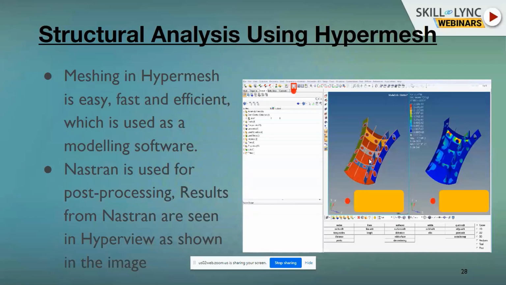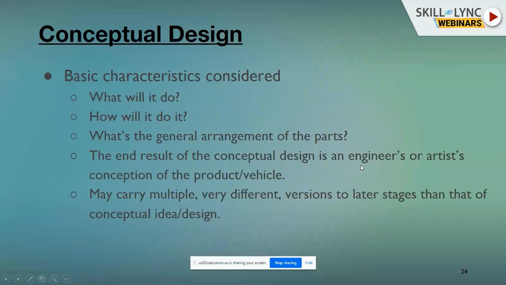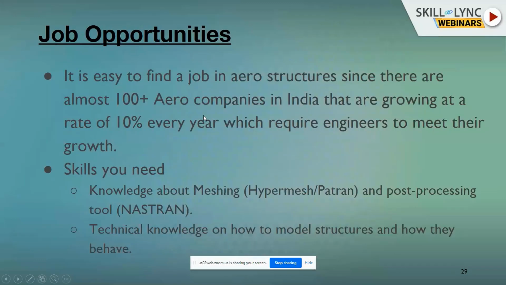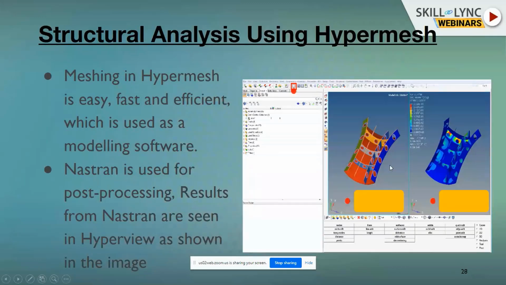So Hypermesh is a tool where you can break down your geometry. For example, this complete wing, you can break down just like a pattern. You can break it down because these tools are mathematical tools. For this complete wing, I break down a small panel.